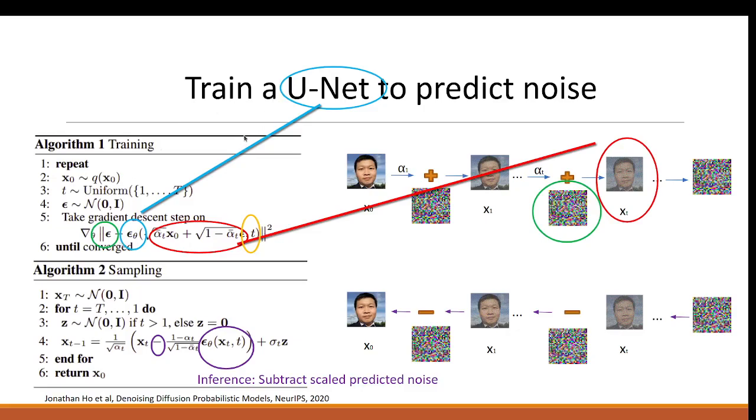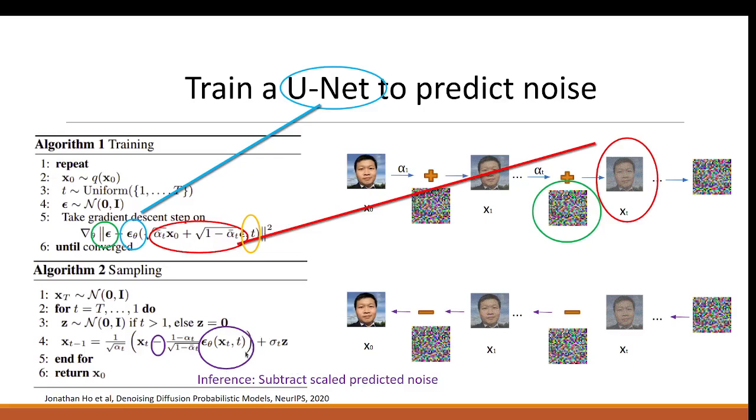So during the inference, algorithm 2, we do the reverse. For the reverse, we start from the right hand side. We first create a noise, xT, where big T is here. And then you just do a reverse and apply this equation.